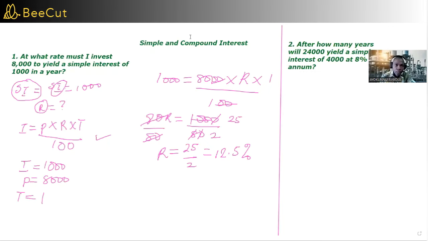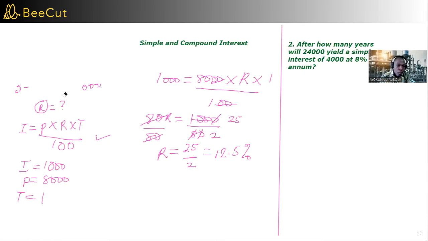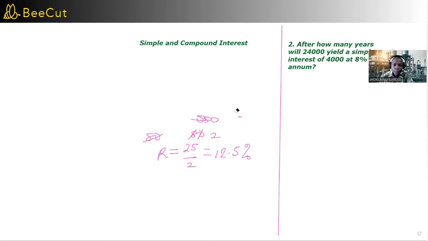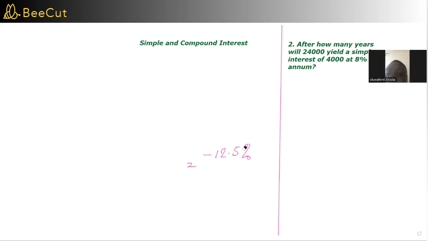Let Eniola unmute herself and try to tell me what are the things I'm to put down in an attempt to solve this particular question. Yes. I'm waiting. Okay, interest.